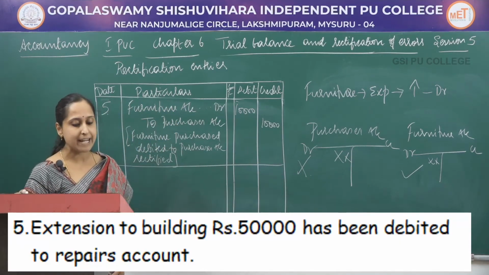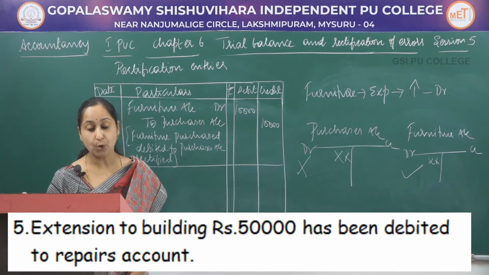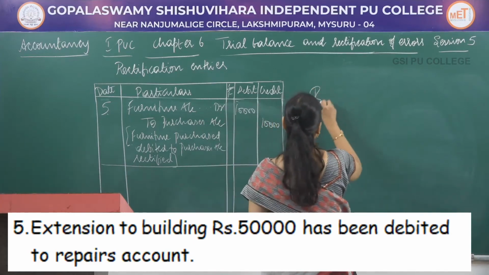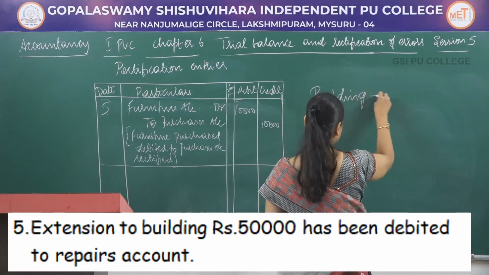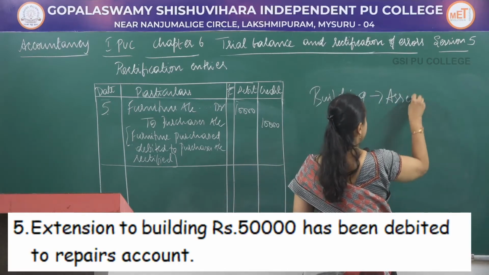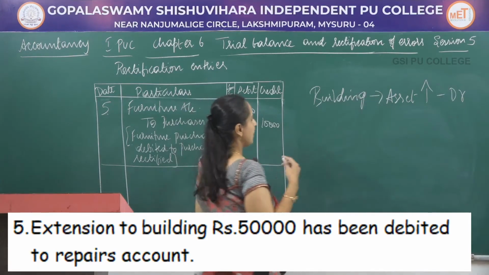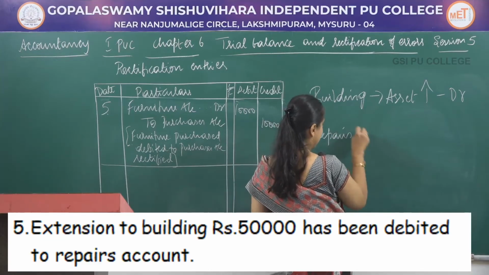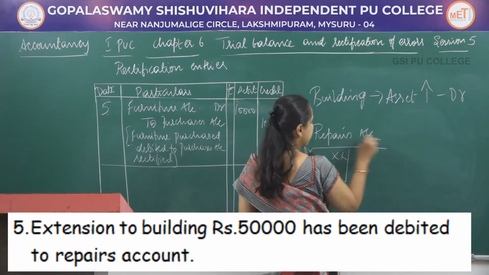Next one, extension to building rupees 50,000 has been debited to repairs account. Here extension to building, there is an increase in the value of building. Building, it is an asset. Increase in the value of asset means it must be debited. But here what they have done, instead of debiting building account, they have debited repairs account.